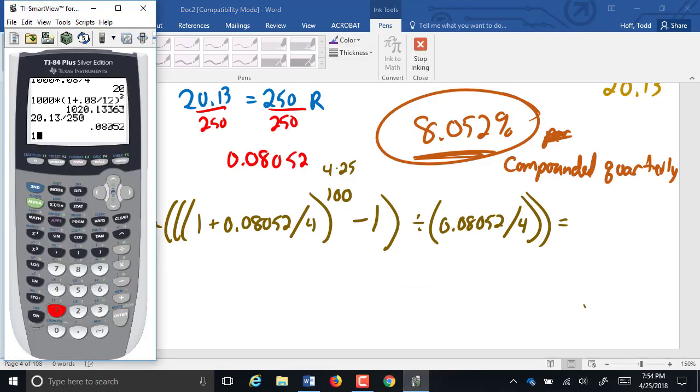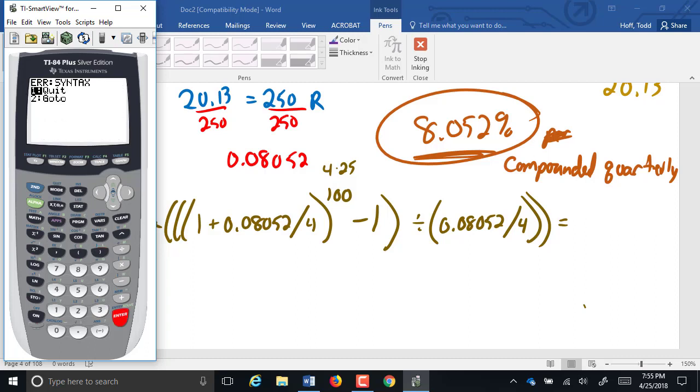So 1,000 times, open, 1 plus 0.08052 divided by 4, close, power, oops, get out of there, close, power, 100, minus 1, close, divide, open, 0.08052 divided by 4, close, close.